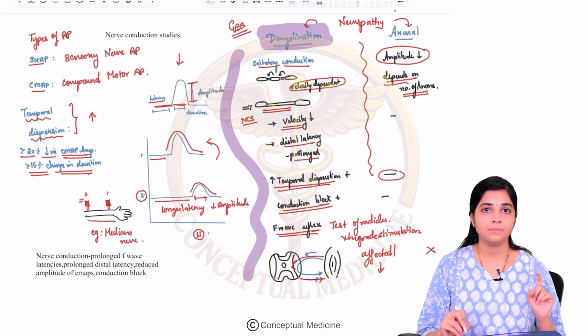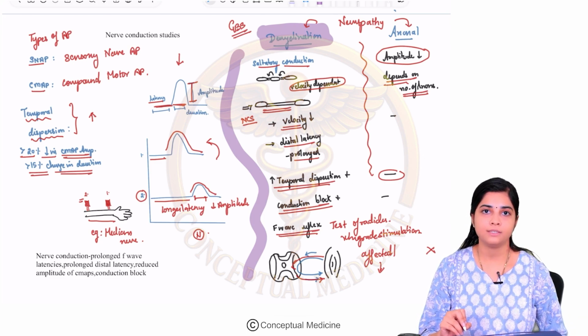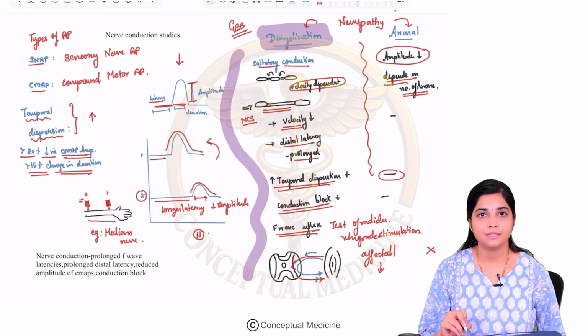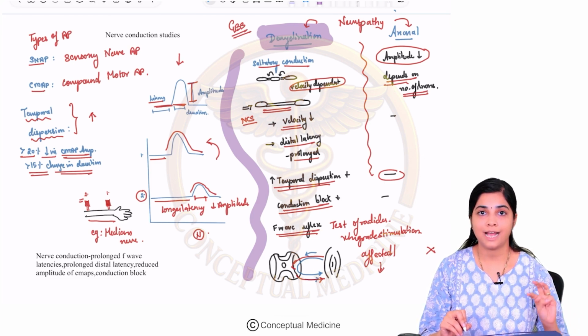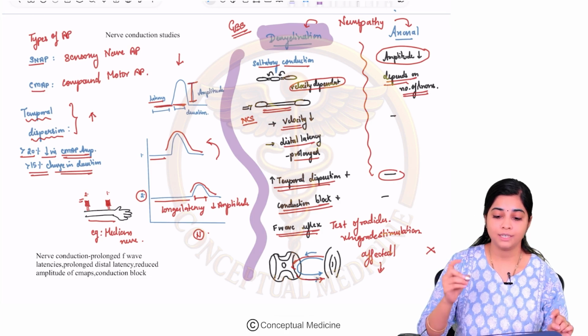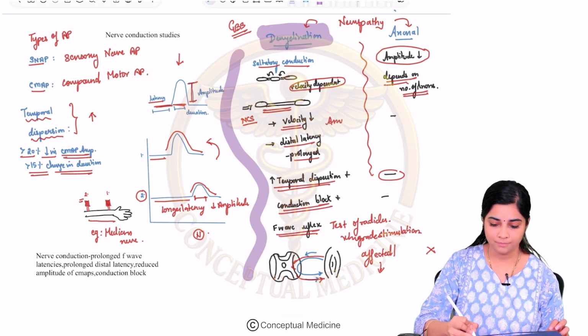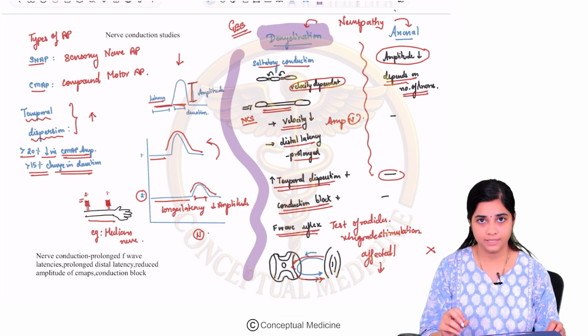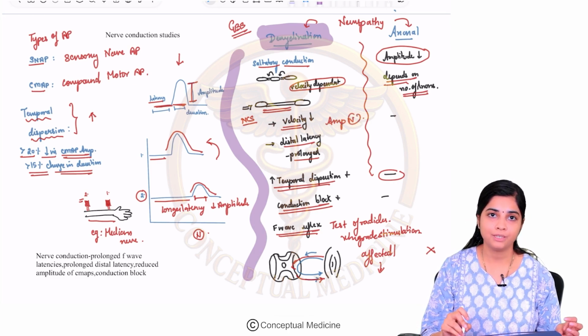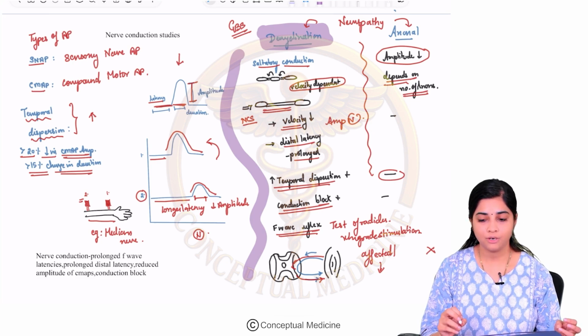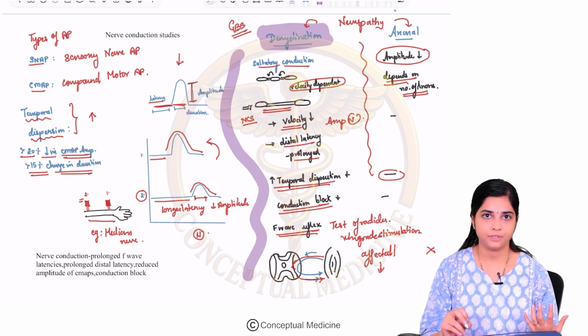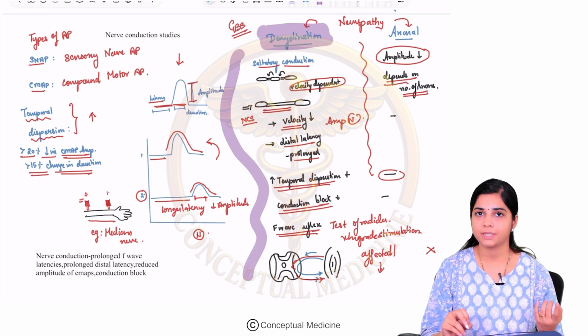So remember, in demyelination, the velocity is going to be reduced, the distal latencies are going to be prolonged, while the amplitude will be normal. In axonal the amplitude will be reduced. Remember, amplitude will be normal, velocity will be reduced, and you have temporal dispersion, you have conduction blocks, you have loss of F-wave reflex. So this is very clear, what are the nerve conduction study findings in GBS.